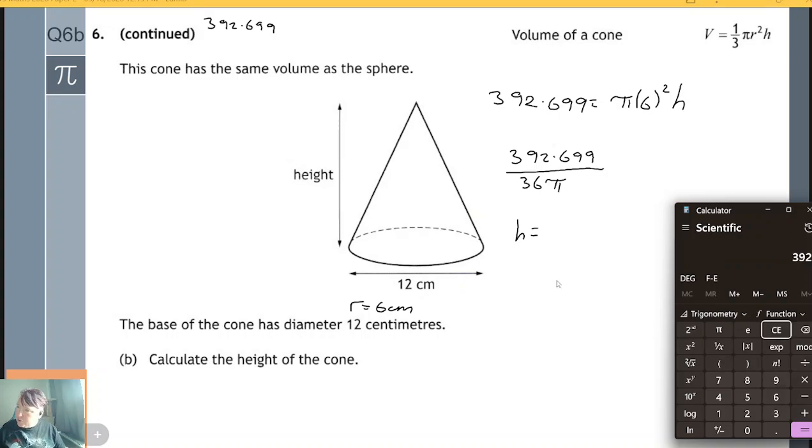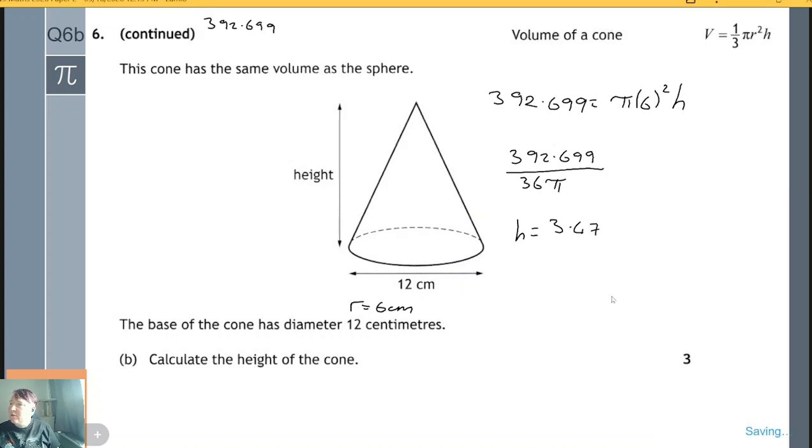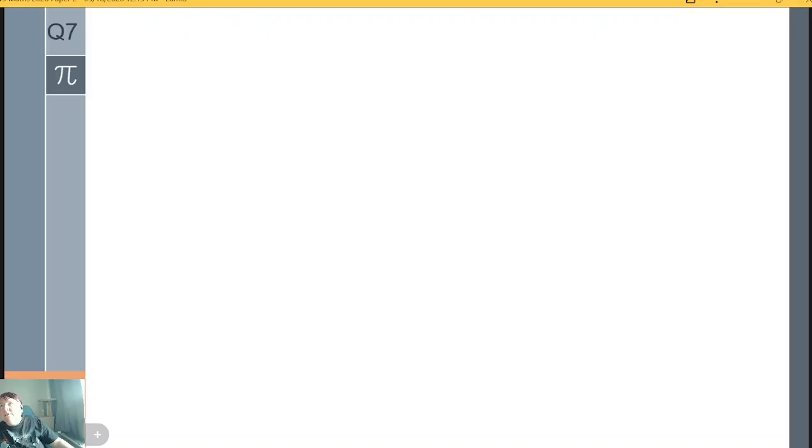Right, so I've got 392.699 divided by, I'm opening my bracket, and I'm doing 36 times pi, close bracket, equals 3.472222, so 3.47 to 2 decimal places, and that's centimetres. That's the height of the cone. There we go.